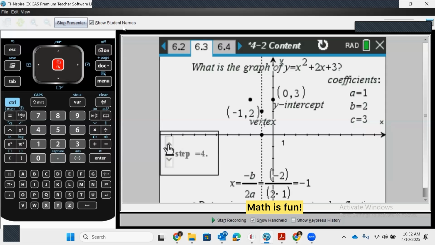Okay, we did not do the y-intercept. That's okay. The y-intercept is easy. Are y'all ready? All you gotta do is put 0 in for x. So as you put 0 in for x, you get 0 squared plus 0 plus 3. So that's how you know where the y-intercept is.